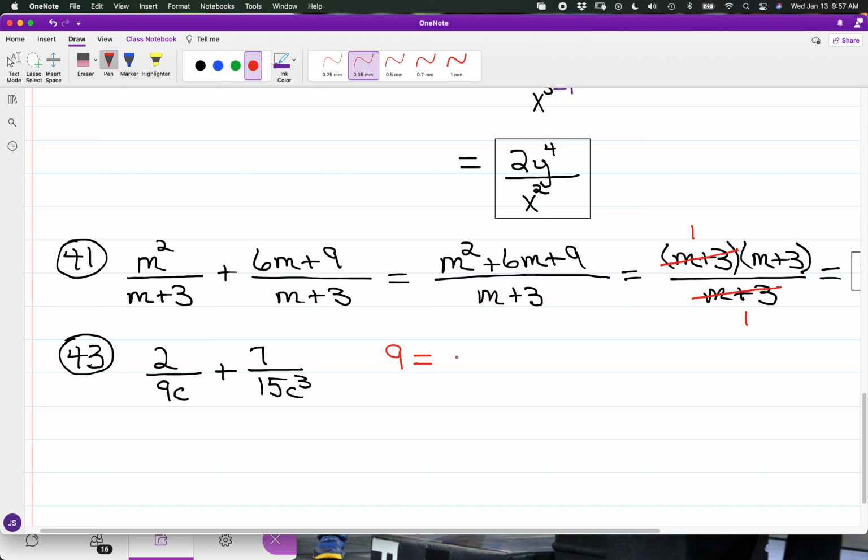Again, in terms of prime factorization, 9 factors out to 9 times 1, but taking out prime factors, we have 3 times 3. As for 15, you have 1 times 15, but in terms of prime factors, we have 3 times 5.